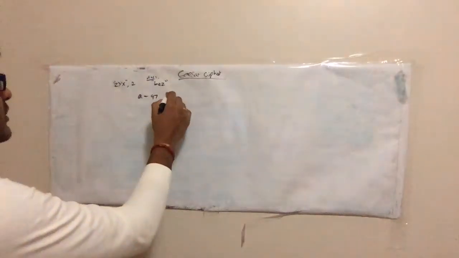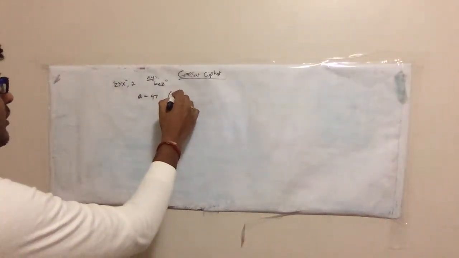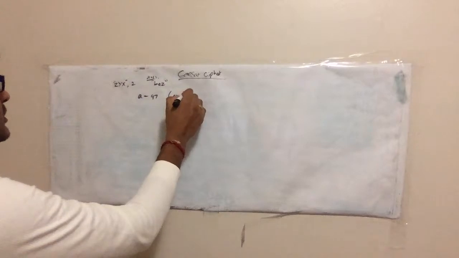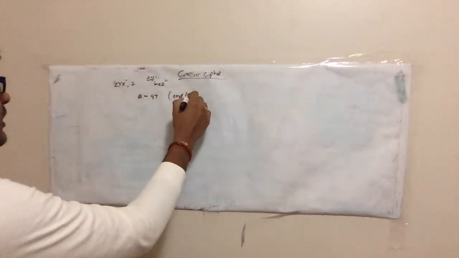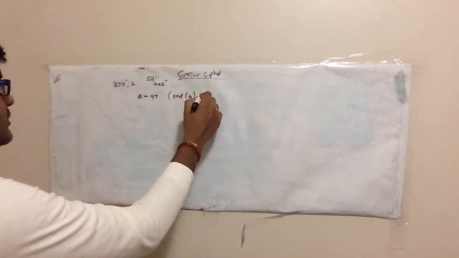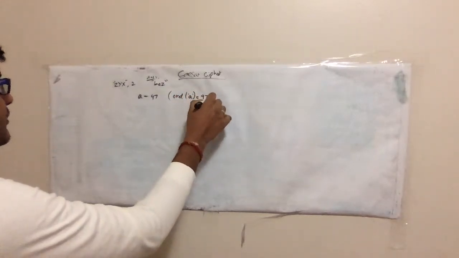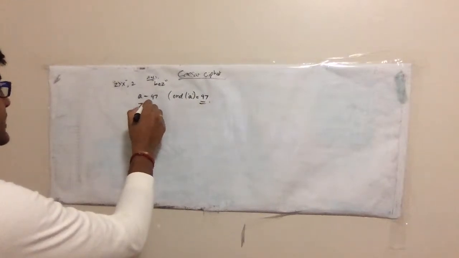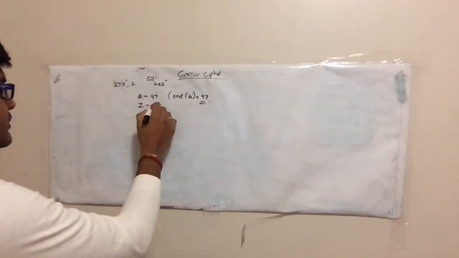In Python, we get this value by calling a function called ord, and if we pass it, we get 97. Similarly, small z is 122.